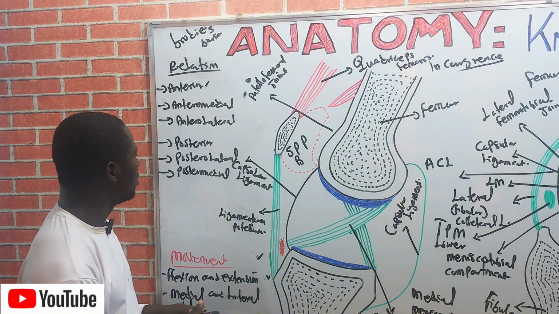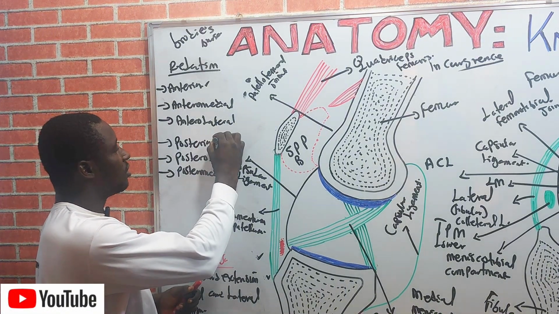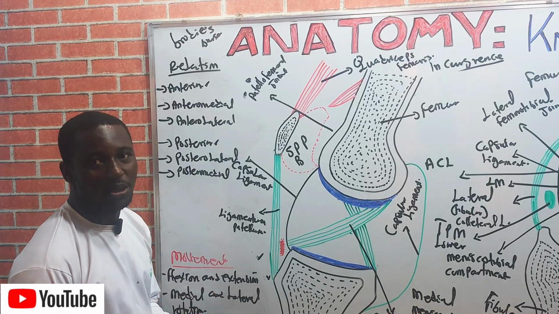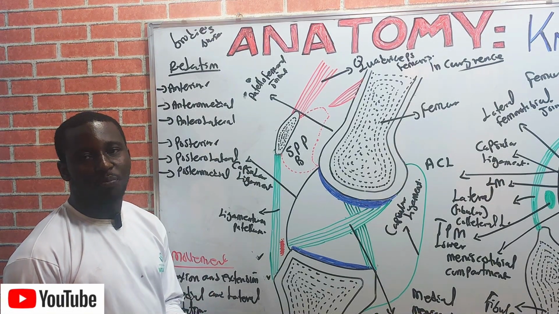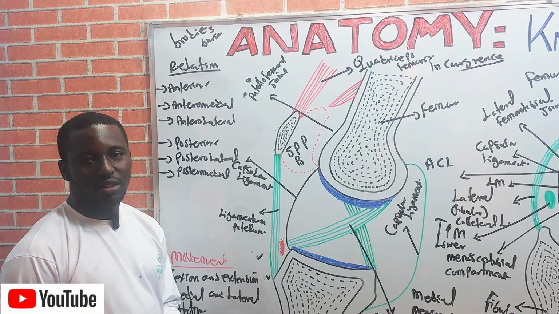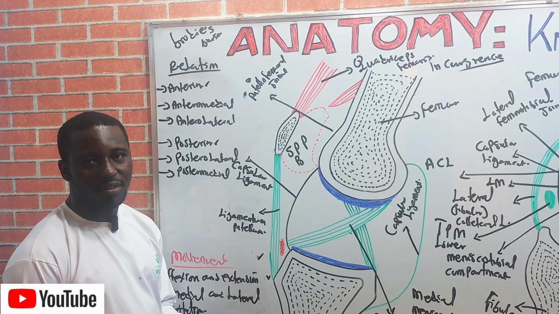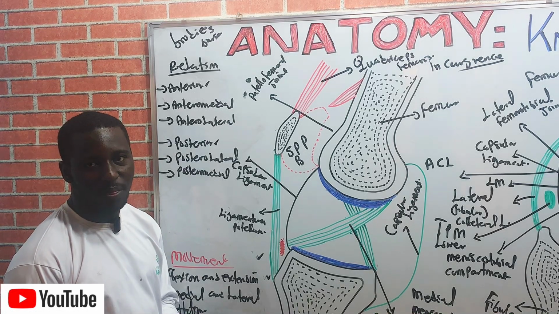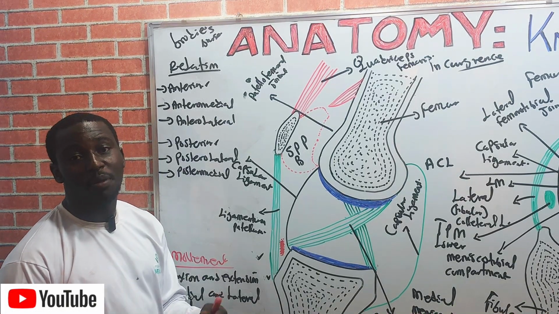iliotibial tract. On the posterior relation, we have the popliteal vessels and the tibial nerve. Those are the structures that form the posterior relation. We also have the oblique popliteal ligament as well.